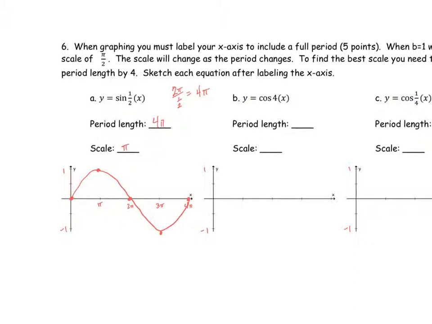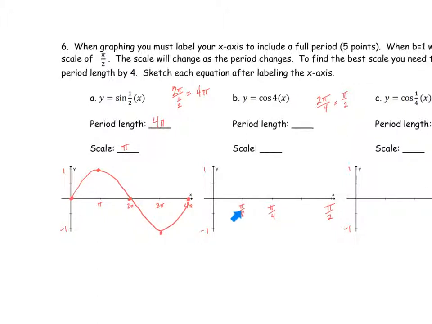The cosine is cosine 4x. My period length then is going to be much smaller, so 2 pi divided by 4 is 1/2 pi. I'm just going to make that 1/2 pi. So that's going to be pi over 4. Split that in half to be pi over 8.